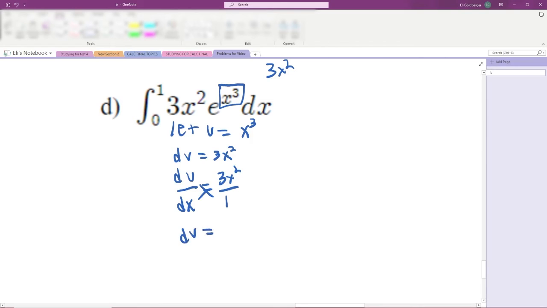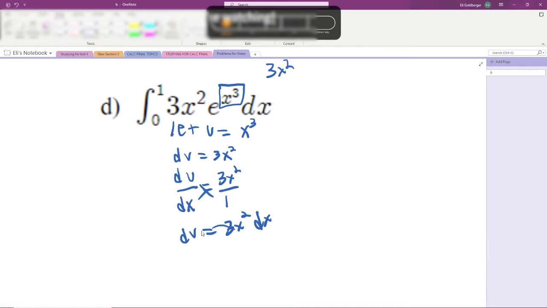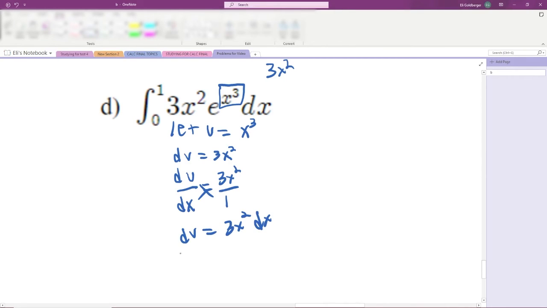So we get du equals 3x squared dx. And then if you want to get dx alone, which is what we want, we divide both sides by 3x squared. So we'll end up with du over 3x squared equals dx. So now we're in terms of u's only, so that's nice.